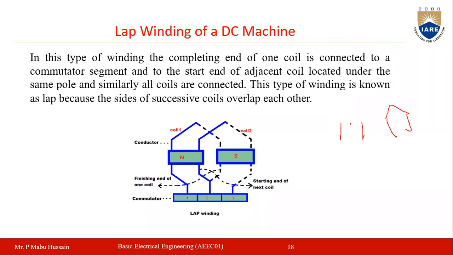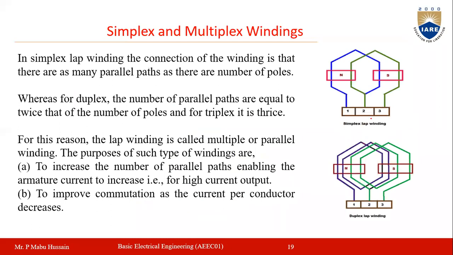After taking two coils, the start end and completing end of one coil is connected with the starting end of another coil, right? And those two are located under the same pole. But in case of wave winding, those are at different poles.